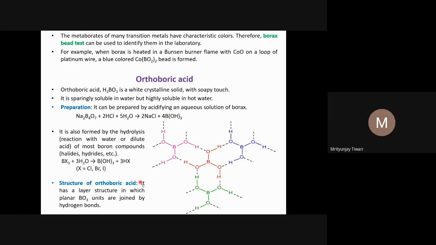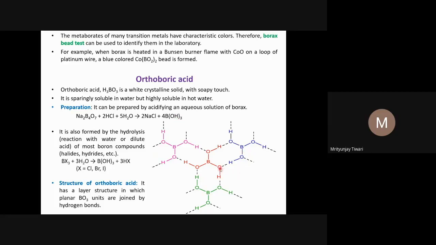If you look at the structure of orthoboric acid, as we know, it is sp2 hybridized. This is B(OH)3, and what does it mean? It means three sigma bonds are there and no lone pair, so using VSEPR theory we can say that, and in valence bond theory, sp2 hybridization will be there, and a triangular planar structure will be formed.